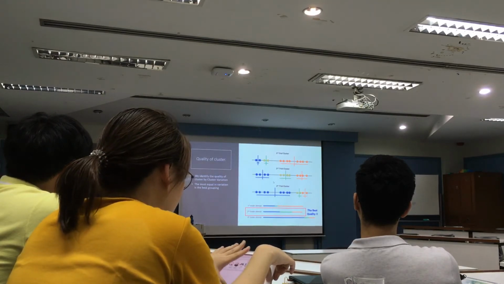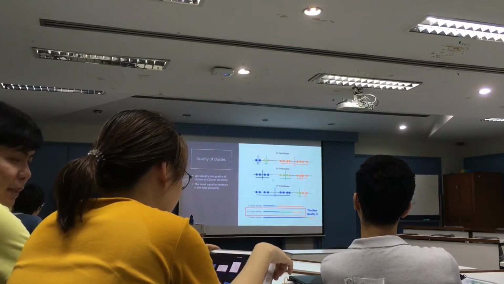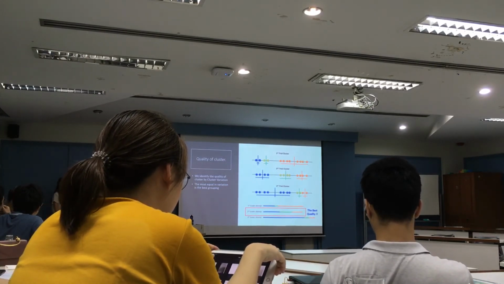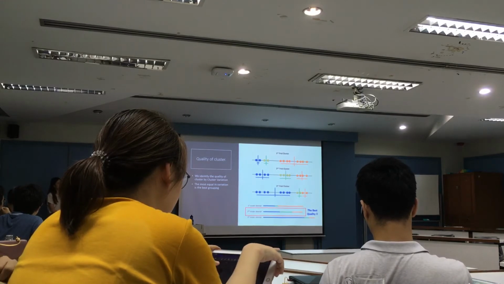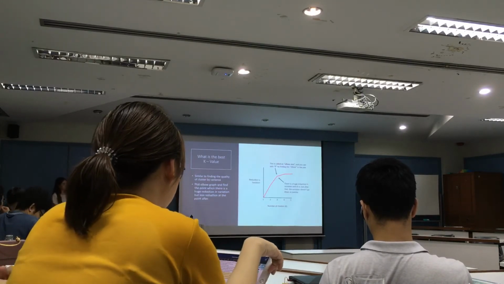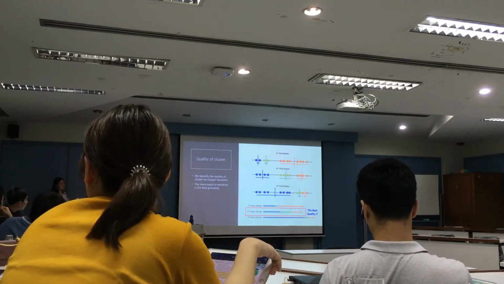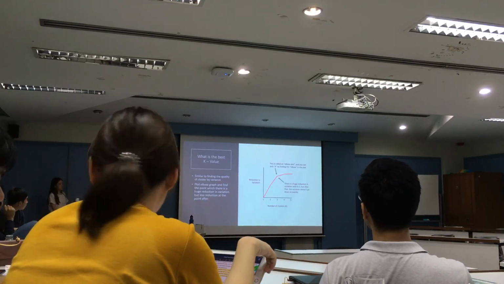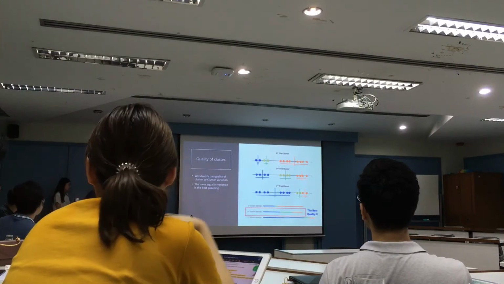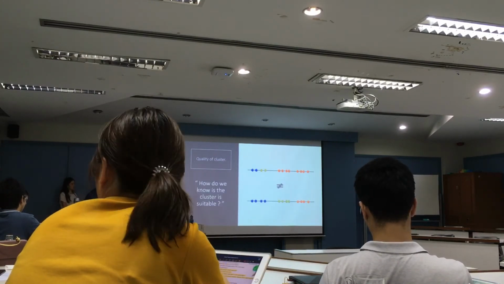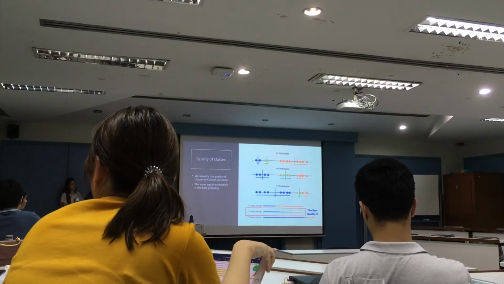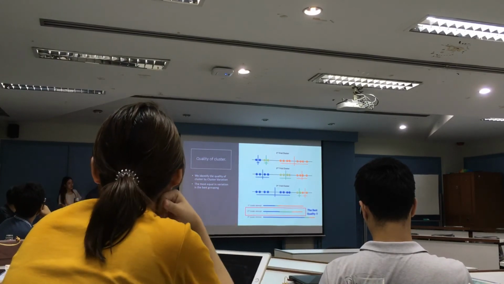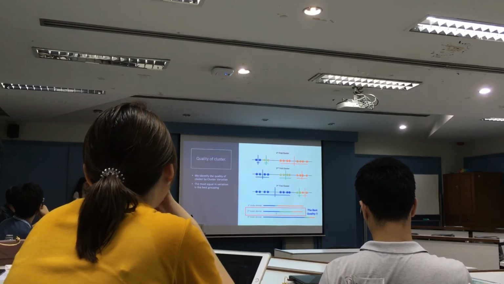Okay. We just assume the number at first. But if you want to know which one is better, sorry, I deleted the slide, but if you set K equal to 2, the variance is not going to be the same as this.